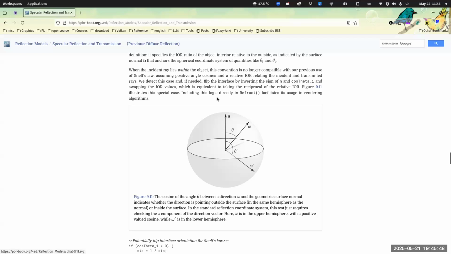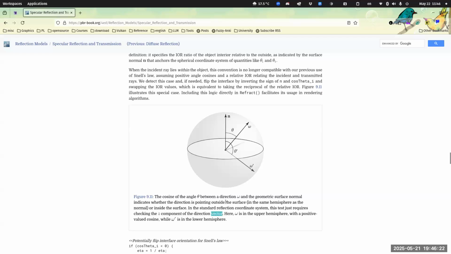The cosine of the angle theta between a direction omega and the geometric surface normal indicates whether the direction is pointed outside the surface or inside the surface. In the standard reflection coordinate system, this test just requires checking the z component.